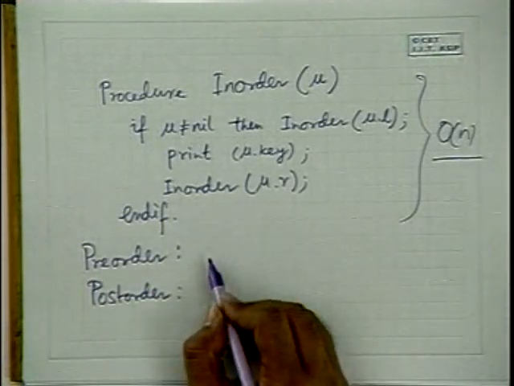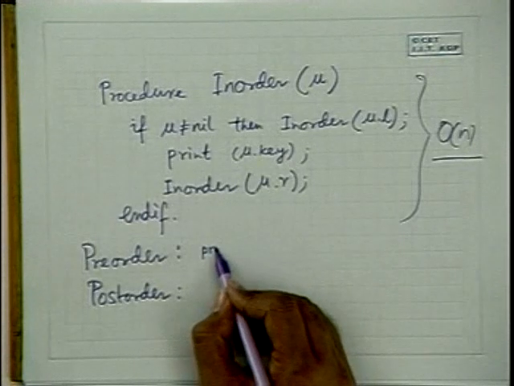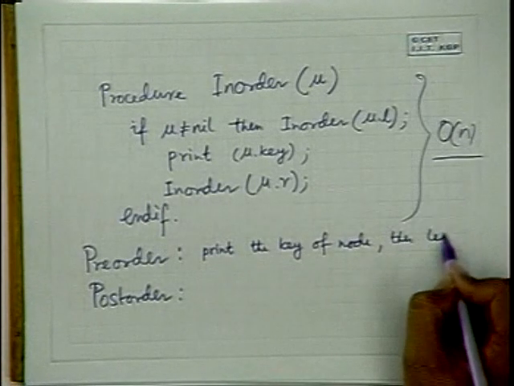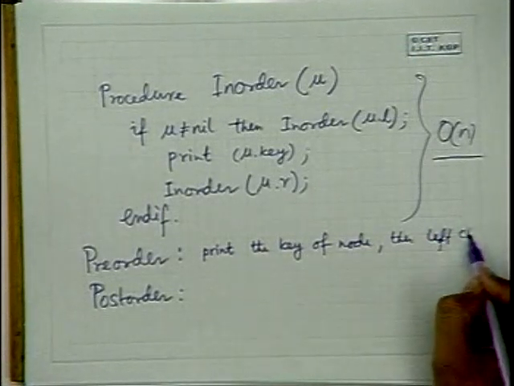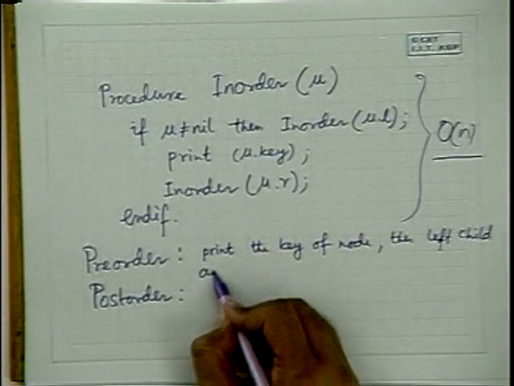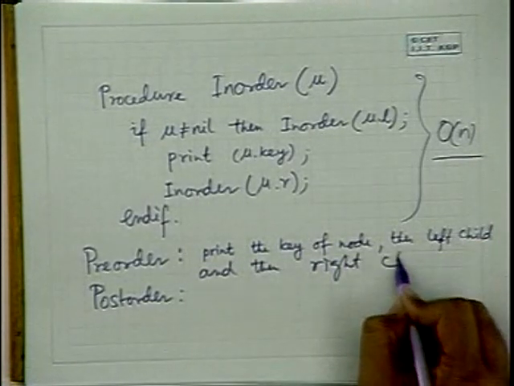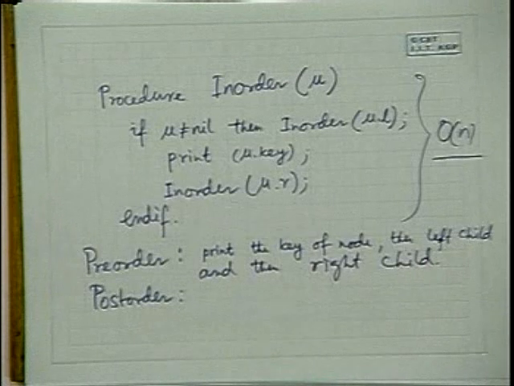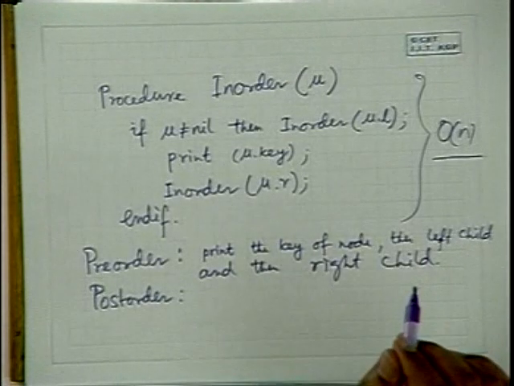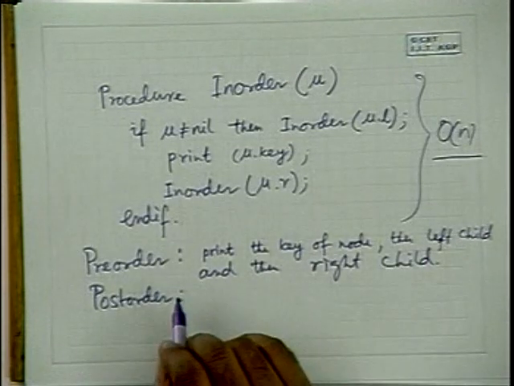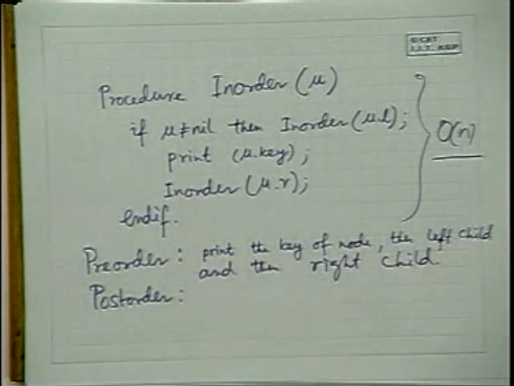In pre-order, you first print the key value of the node, then the left child, and then the right child. So you first print out the value at the node, then you print the value of the left child, then you print the value of the right child.